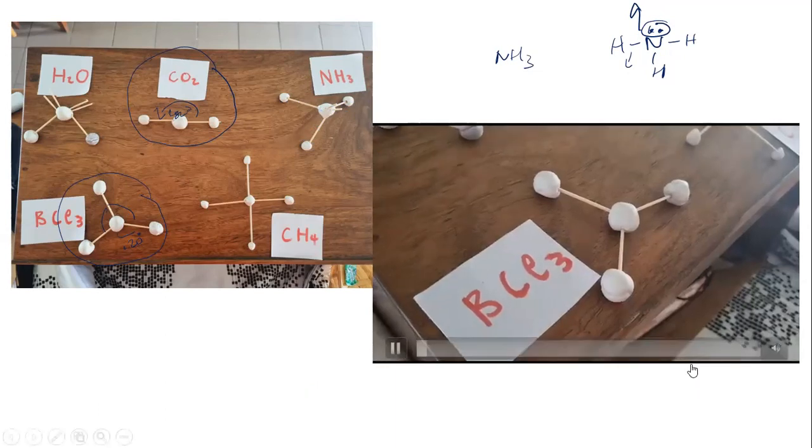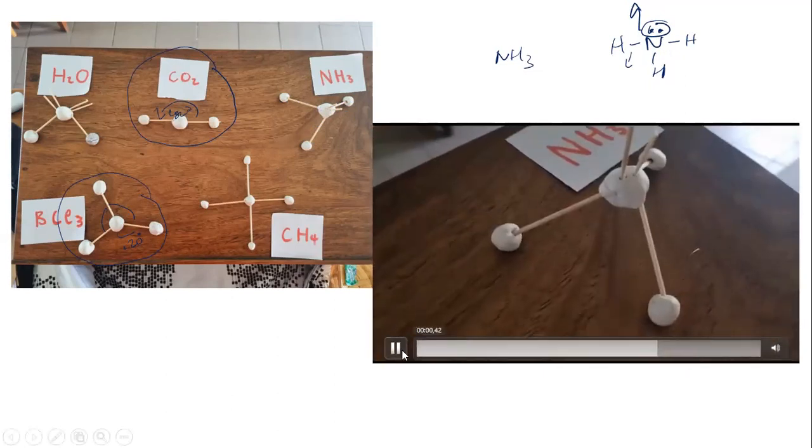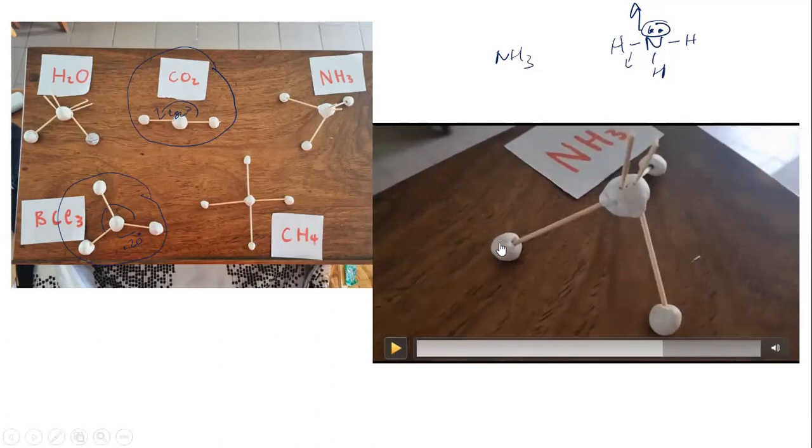So let me show you once more on this video the shape of trigonal pyramidal. You can see that this is ammonia, and in this ammonia we have hydrogen, and at the back we have hydrogen, and this one is close to us, and therefore this is nitrogen. It was flat, like trigonal planar, but this is different because this middle atom has to rise up.